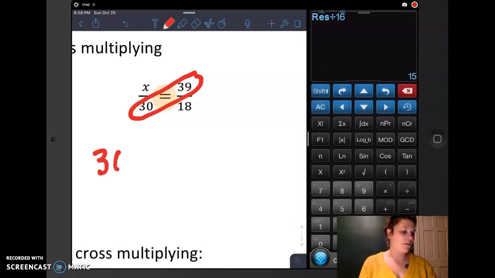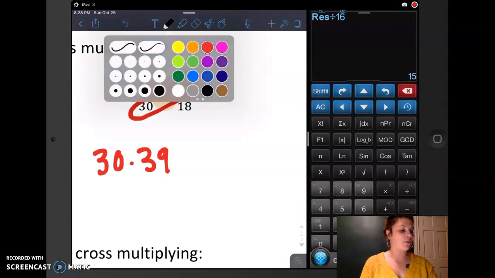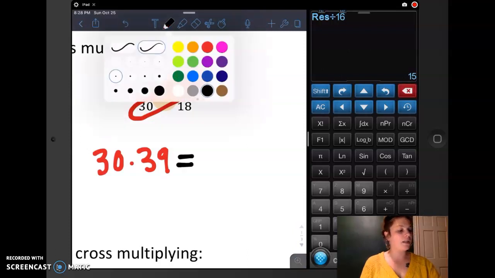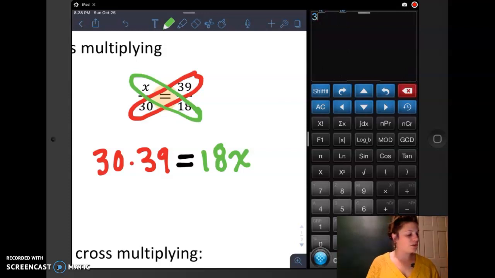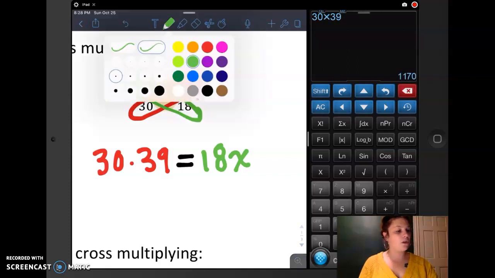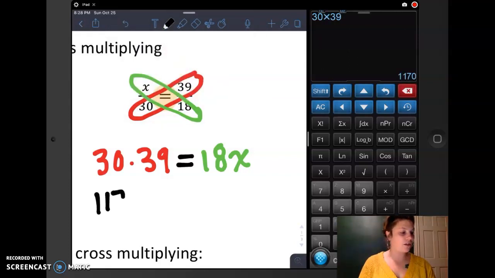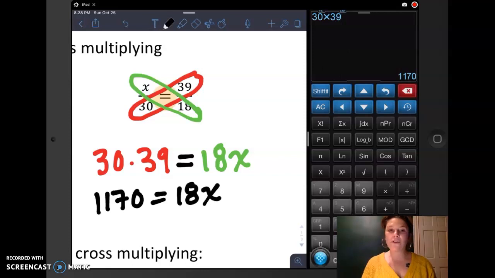All right, so again, I'm going to do the multiplication. It really does not matter which part you do first, as long as they are separated by an equal sign. Again, remember, whenever we multiply a number by an x, it's just that number in front of the x. Okay, so now we need to do 30 times 39, and don't worry if you get big numbers, it's totally fine, because we are going to divide by the number that's in front of the x.